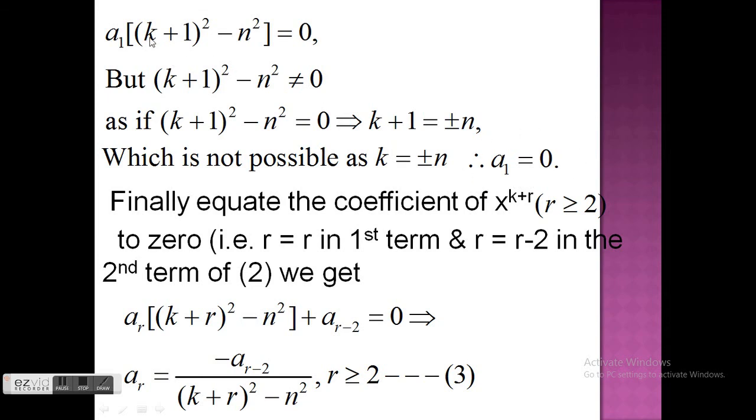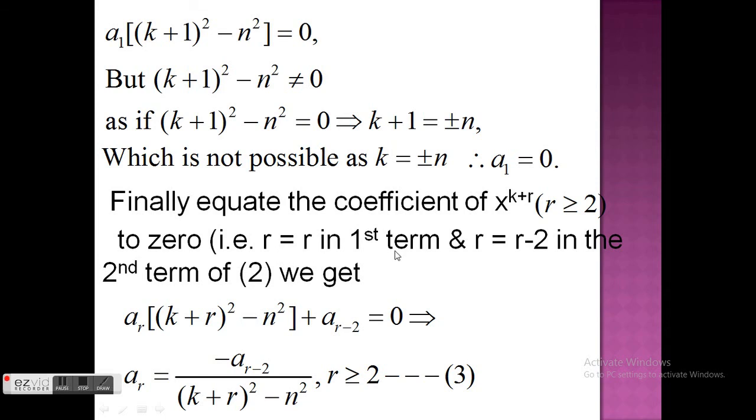Now, finally, continuing so on, we equate the coefficient of x to the power k plus r, for r greater than or equal to 2.